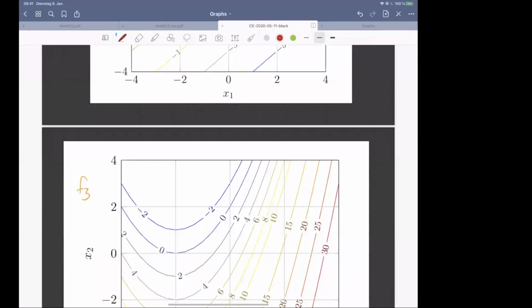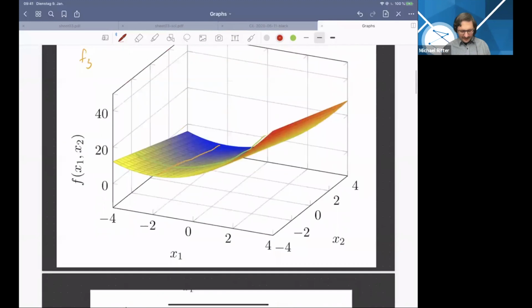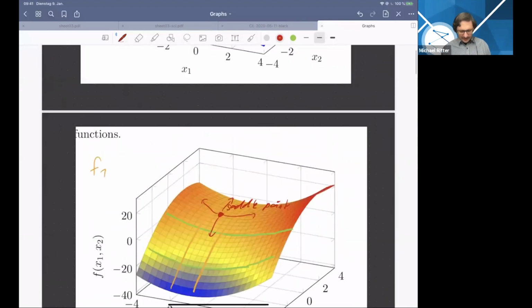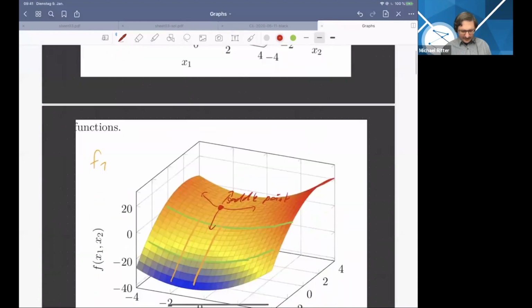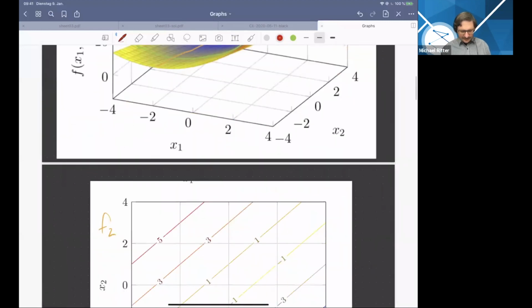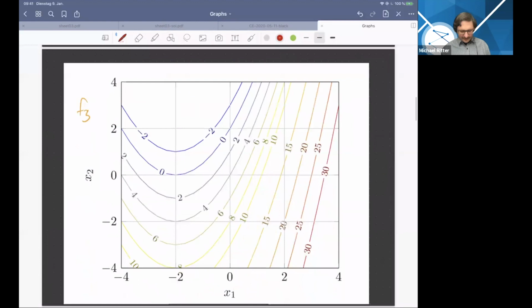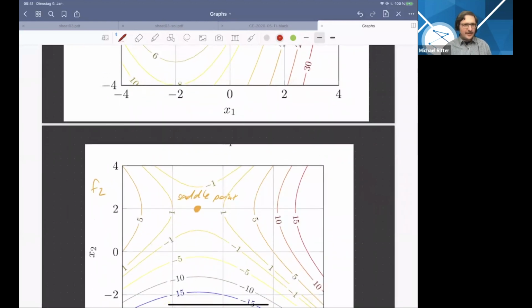Okay, and did I miswrite something? F1 is this, F2 is this, F3 is this. For the first one it says F2, F3, oh yeah, right, there's an F2. That should be an F1. Yes, thanks a lot. Sorry about that. So that is F1, of course. That's it. Okay, good. So let's go on with 3.7 now.